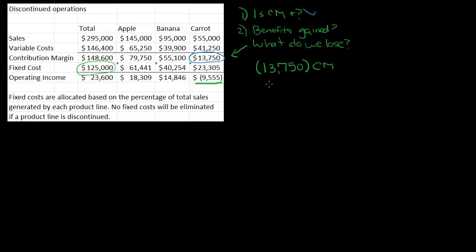Now, what benefits do we gain? And when I say benefits, what I'm really saying is, are there any fixed costs that are going to go away? Okay, because if fixed costs go away, that's a benefit to the company. So if we look at this, this says no fixed costs will be eliminated. So that means no fixed costs are going to go away. So the benefit is 0.